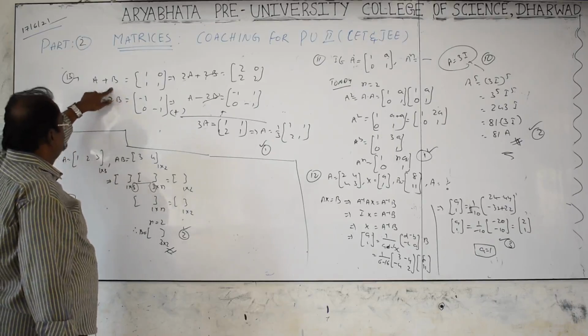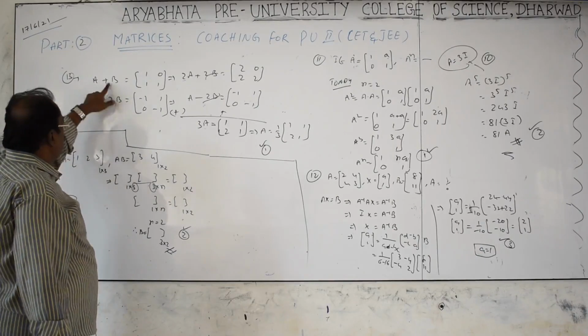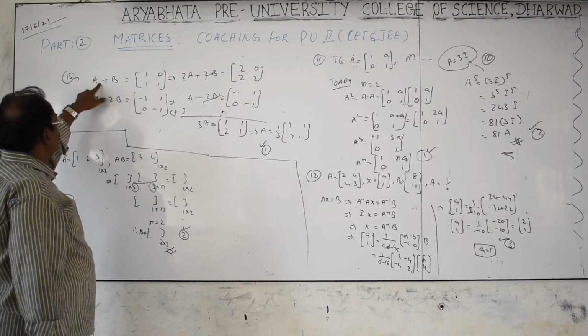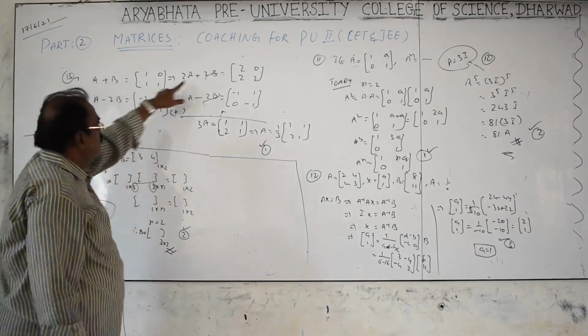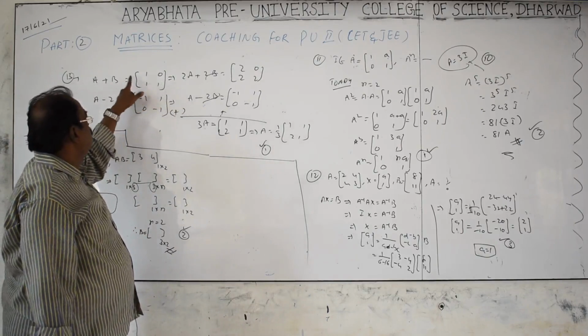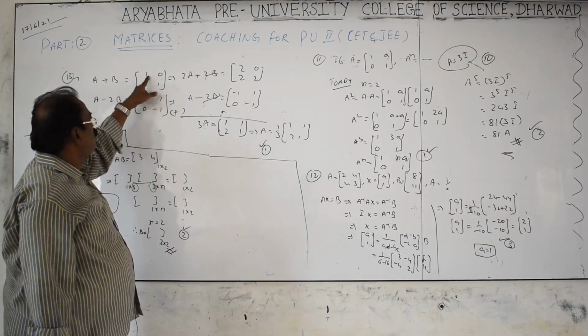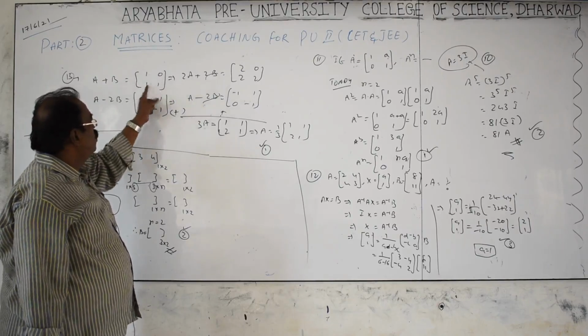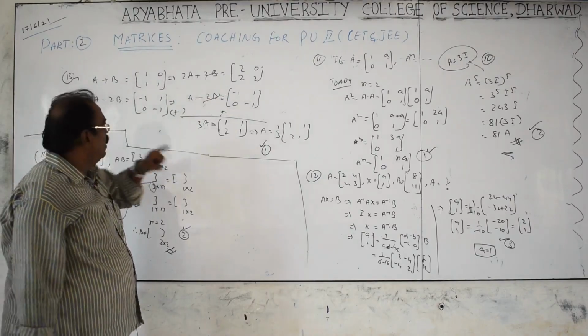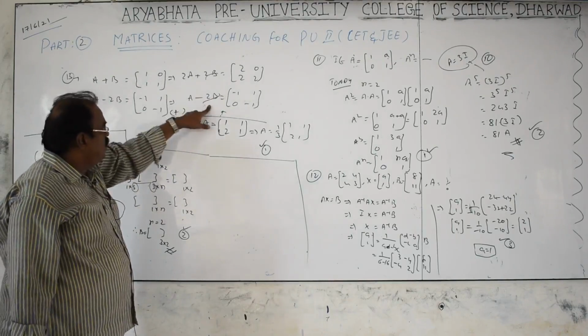In order to get A, we have to cancel B. Here minus 2B is there, so I want to multiply the first equation by 2: 2A plus 2B. With 2 we have to multiply this matrix too: 2 into 1 is 2, 0, 2, 2. The second equation remains unaltered.